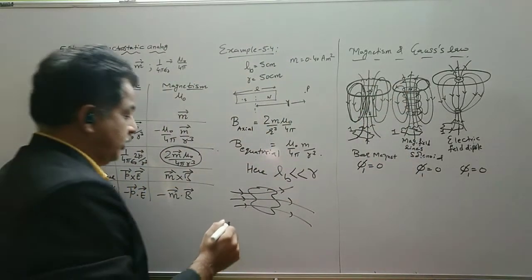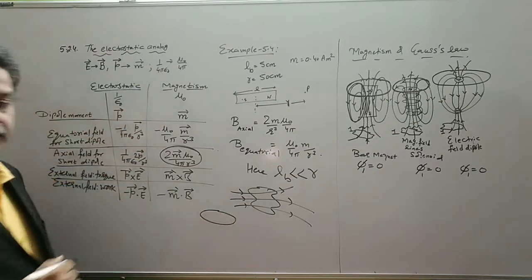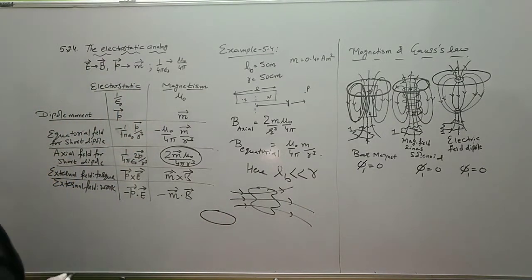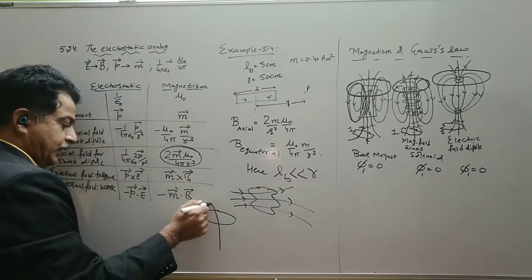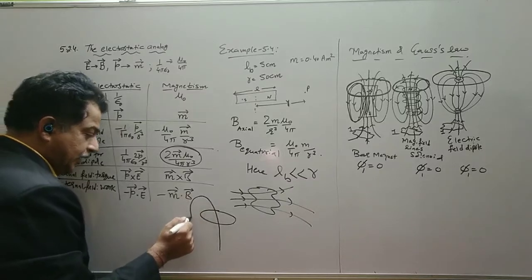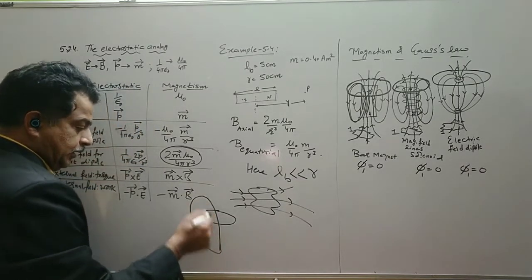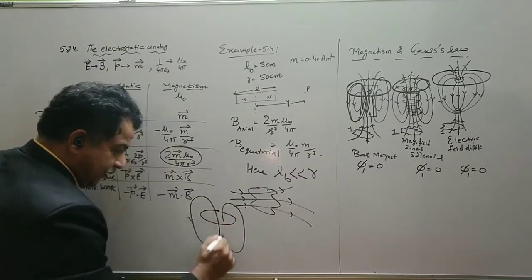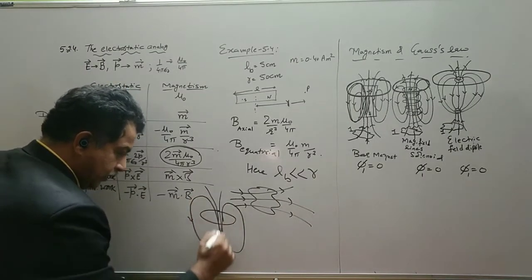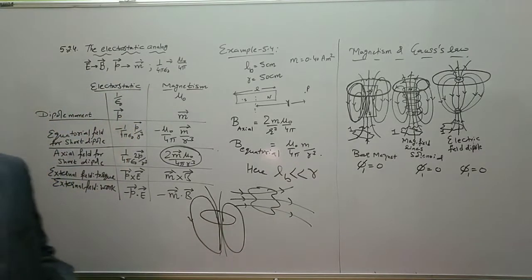So if I consider a closed surface for the magnetic field lines, it enters from one side, and it enters and leaves this surface and forms a closed loop like this. So what will be the magnetic flux?